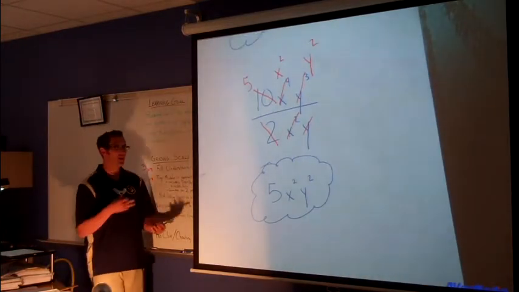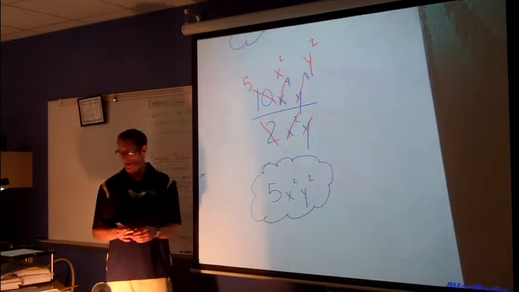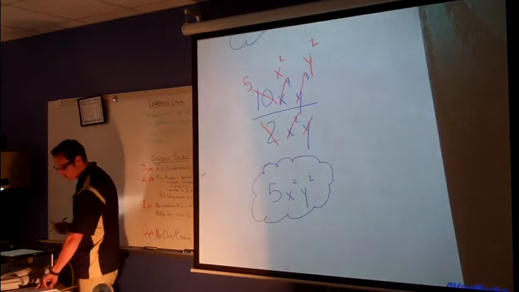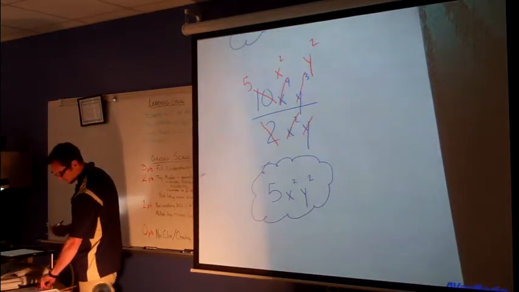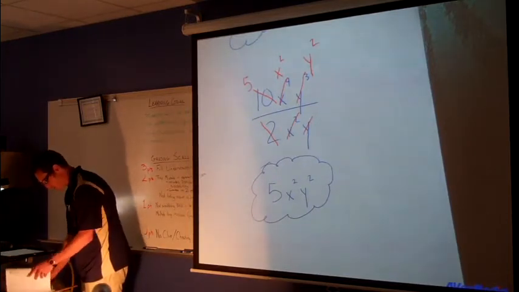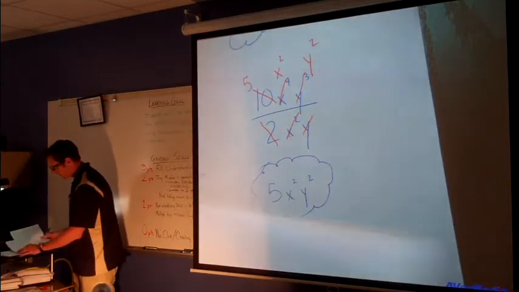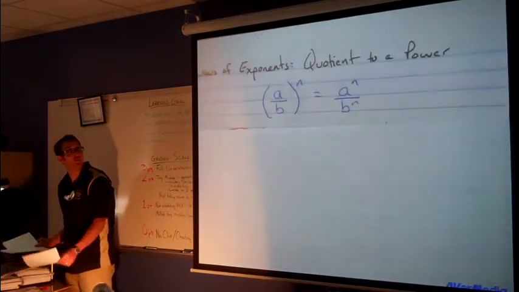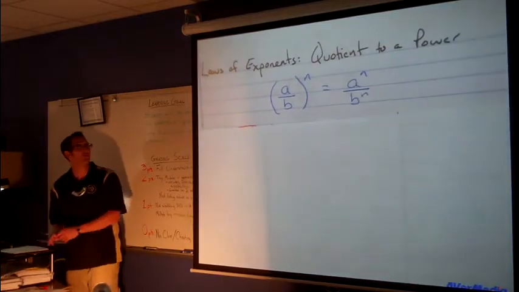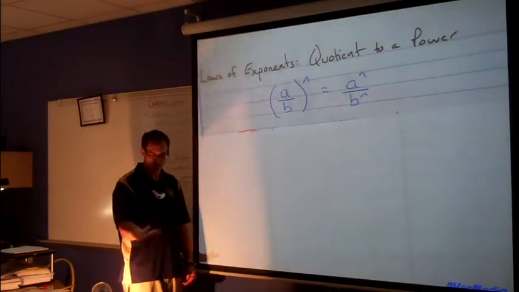So you can think in terms of division with canceling. I find that a little bit easier. We'll see more of that in a second, but first I want to pause here and get into the next law of exponents. The next law of exponents that we're dealing with has to do with raising a quotient to a power, which is very similar to raising a product to a power.